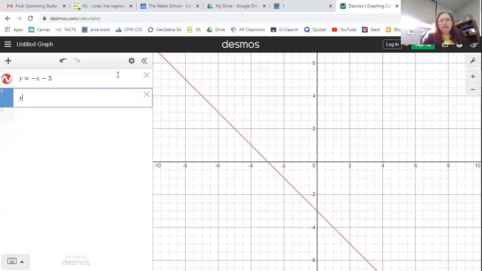Then we get a blue ball over there, and our line is blue. So you can tell, you can put in many different equations, and each one will take a different color. You could put in 10 equations. They've got 10 different colors out there.